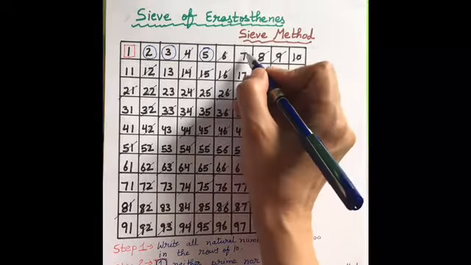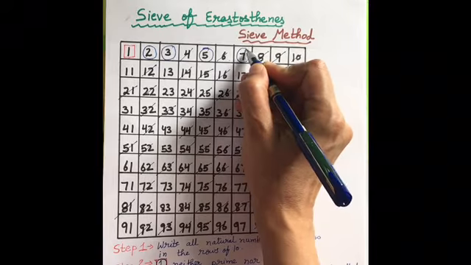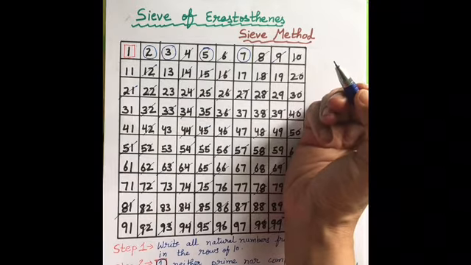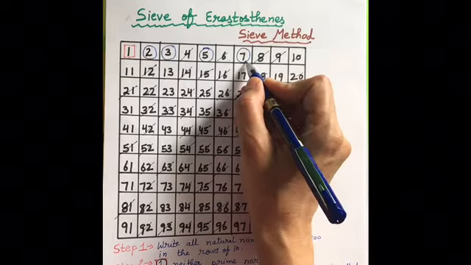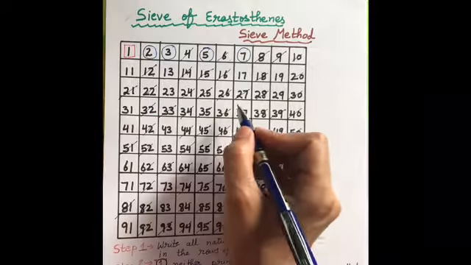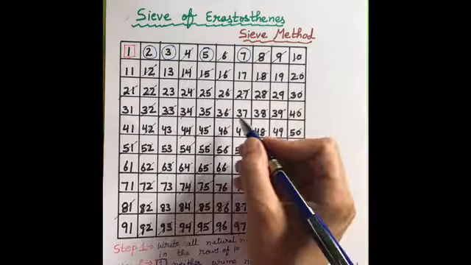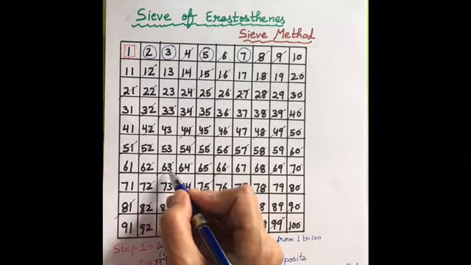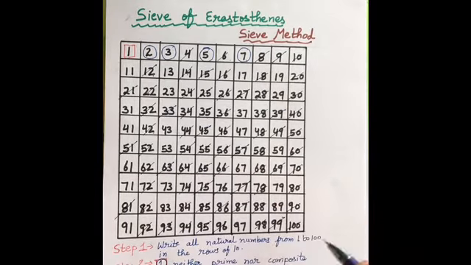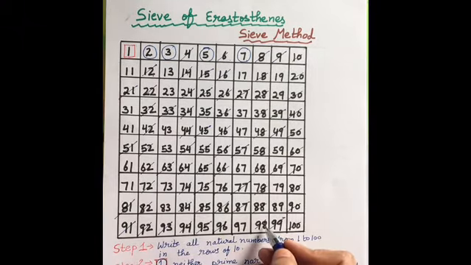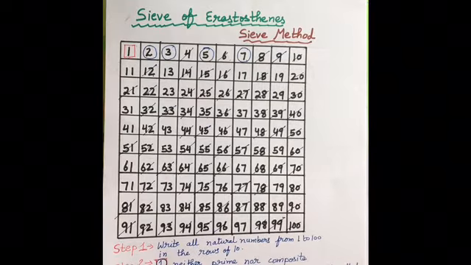Now 7 is the next prime number, and strike out all the multiples of 7. 7 ones are 7, 7 twos are 14, 7 threes are 21. So we have crossed out all of them.